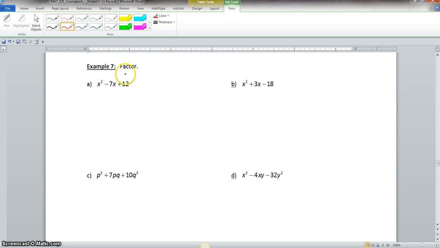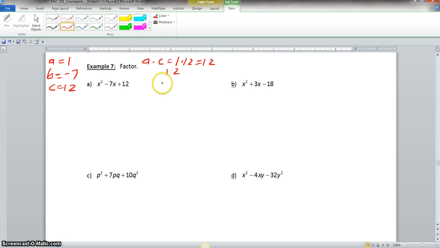Now we go here to example 7 where it says factor. Now we can list our A, B, and C. A is 1, B is negative 7, and C is 12. So we multiply A and C. I'm going to write that over here, which will give us 1 times 12, which is 12.